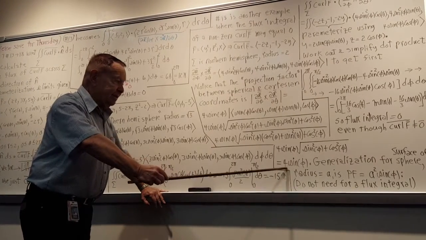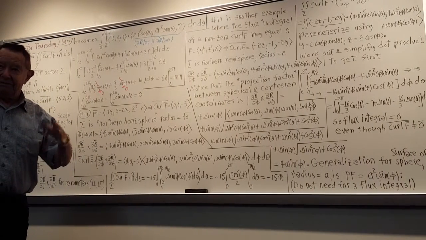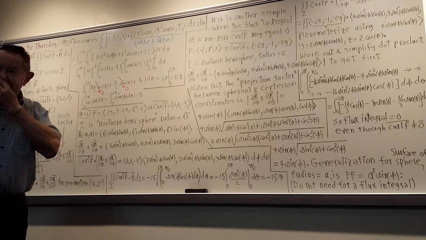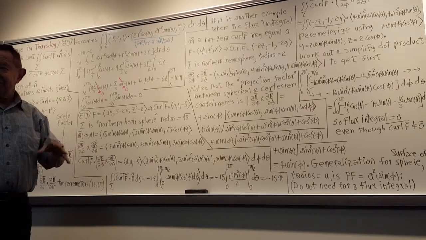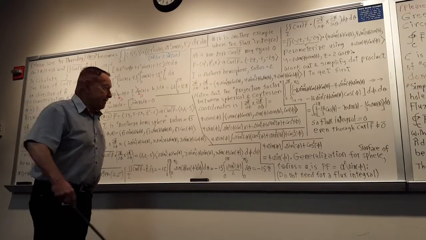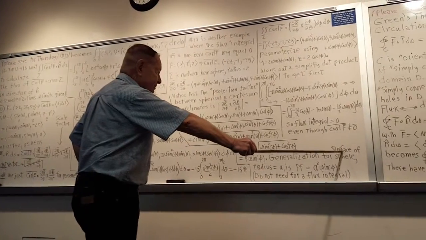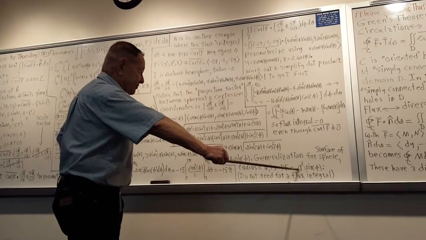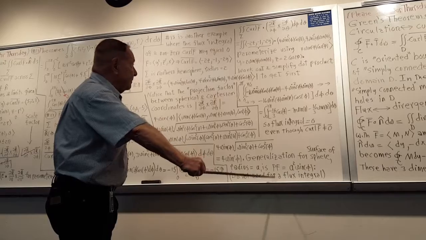That's the thing that was the volume of the little box when we were in chapter 15 going to spherical coordinates, where you had rho squared sine phi d rho d phi d theta and so on. So the generalization for the surface of a sphere, radius a, is that your projection factor is the squared radius times sine of phi.